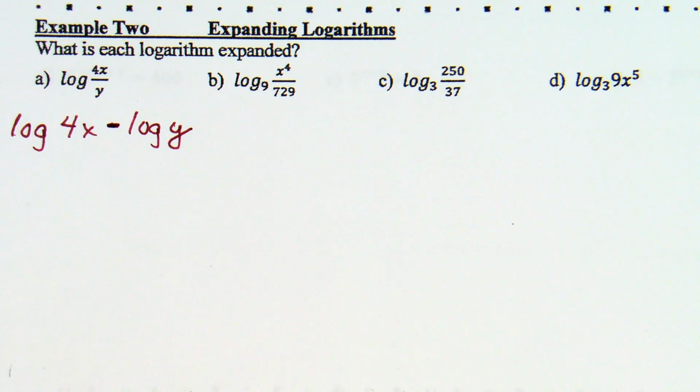Any other thoughts on this problem? We do not have a base written, which means we could write in base 10 if we wanted to. Do we have to? No. There's something else we can do here.